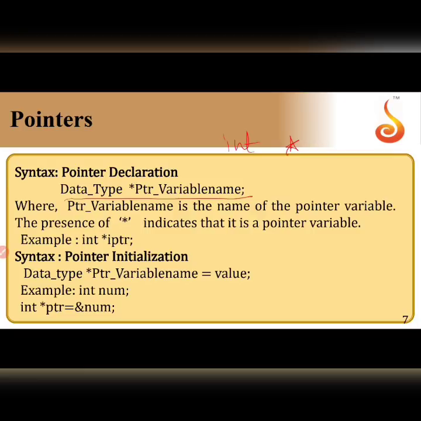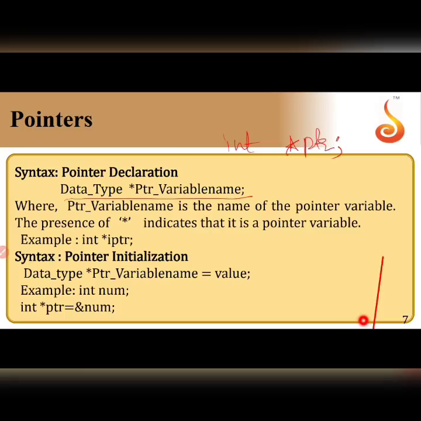Star is compulsory. Star indicates that it is a pointer variable, and then the name of the variable, I can say ptr. Again, it is not compulsory that it has to be ptr only. You can give any identifier name and you need to follow all the rules applicable while naming a variable.